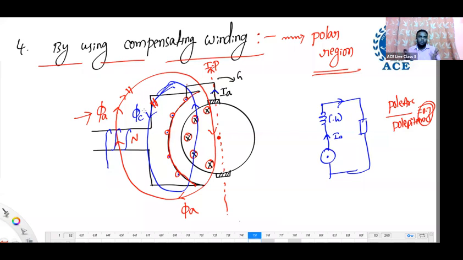Suppose the main flux is going straight. Previously the armature flux interacted with the main flux and deviated it, but now at the same time the compensating flux comes in the opposite direction. That's why the main flux will go straight now. It won't be distorted. When there is no distortion, there is no spark at the brush. So sparking at the brush also reduces.